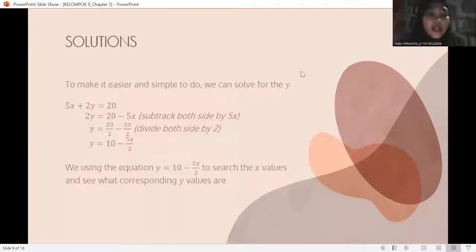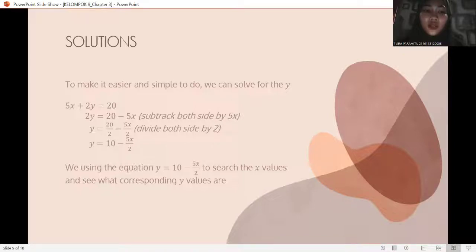Okay, the solution is, to make it easier and simpler, we can solve for y. 5x plus 2y equals 20.